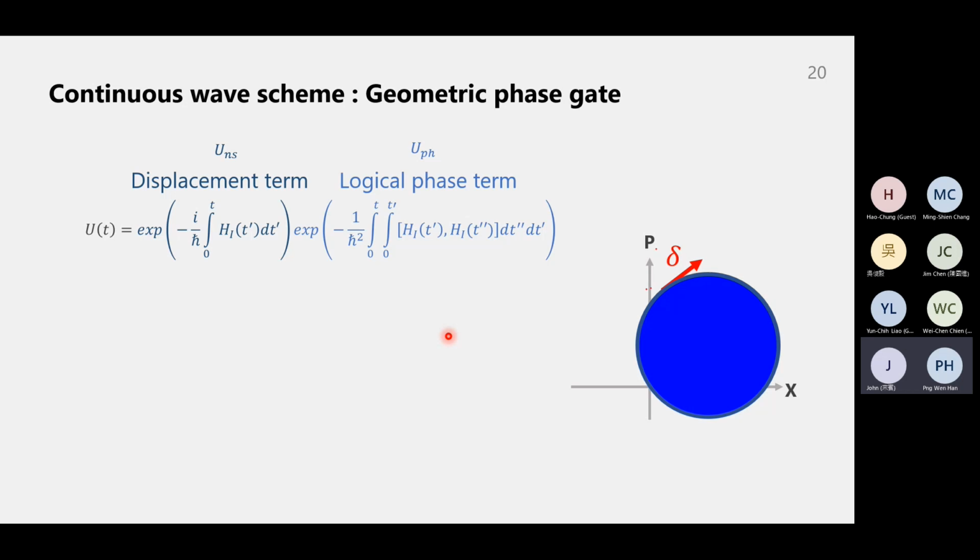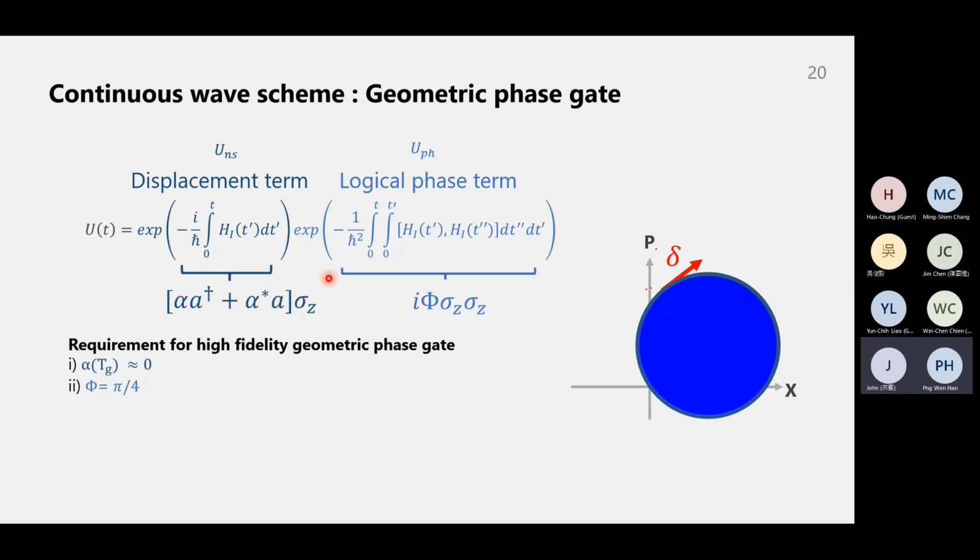So, like I said before, this is the displacement term and the logical phase term. And here's what it looks like. And you can quickly see that this is a term we want. This resembles the Ising ZZ operator. And this term is the thing we don't want because it gives erroneous transitions, and applying A on the motional state will give you more phonons.